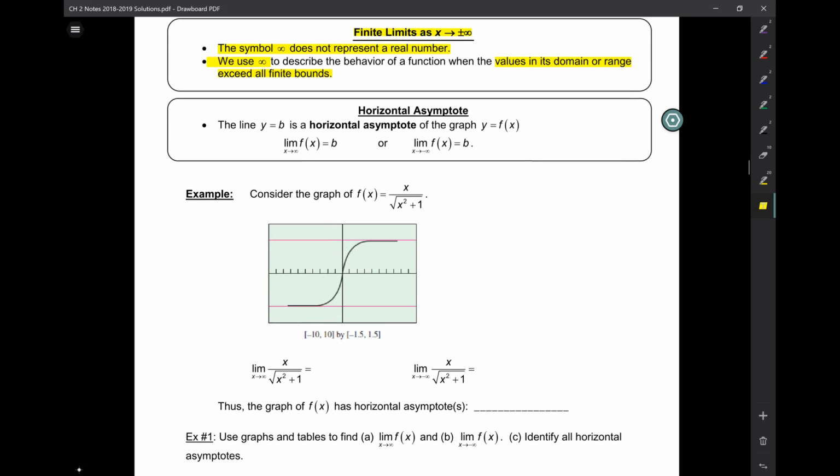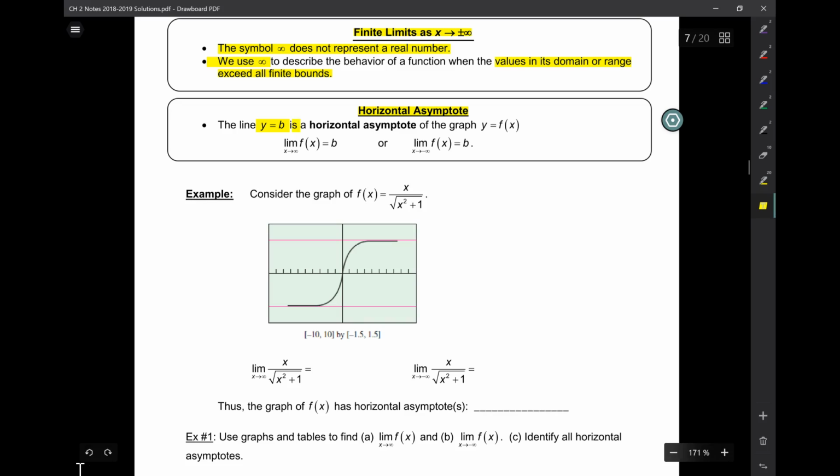Okay. When we're talking about what happens to a function as we go in the domain towards infinity, one of the things that we happen to come across is a horizontal asymptote. All right. So the horizontal asymptote is defined as a line y equals a number b. All right.